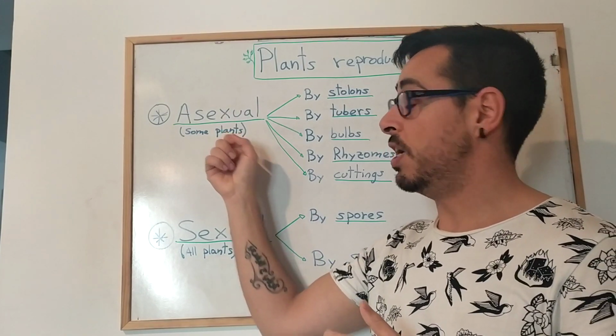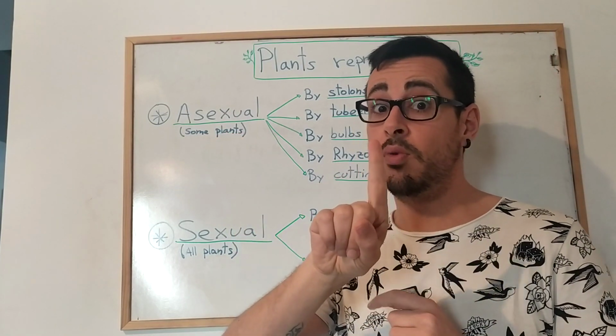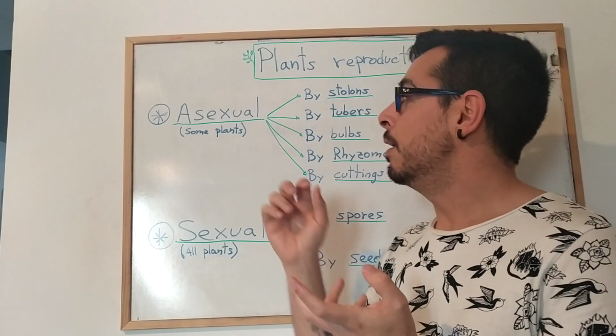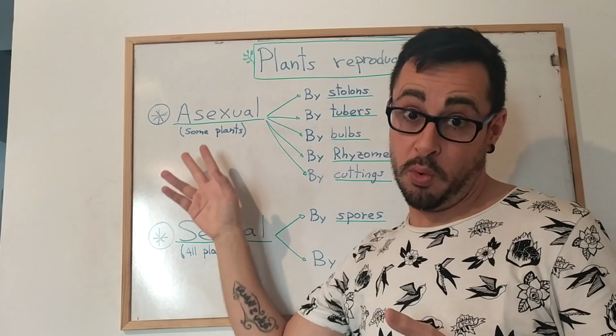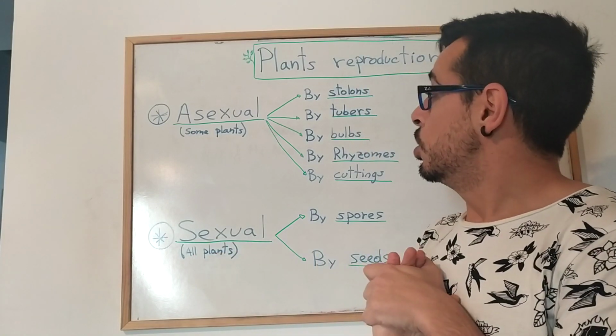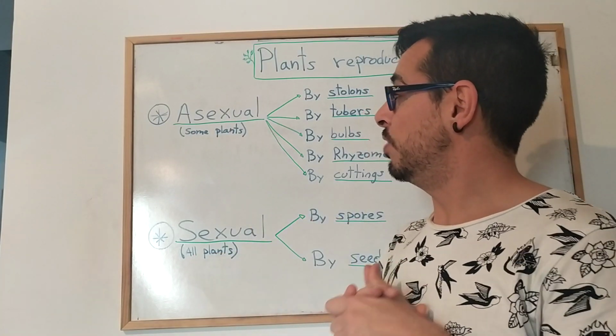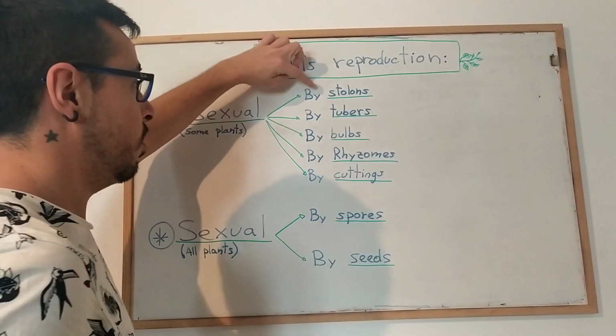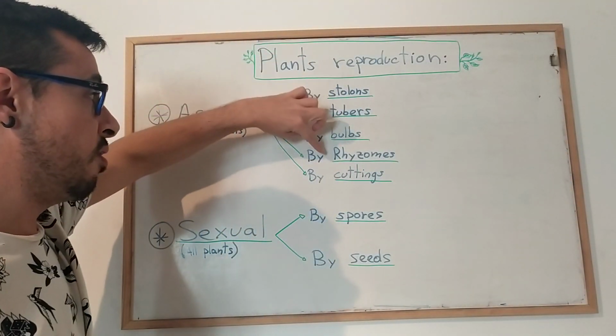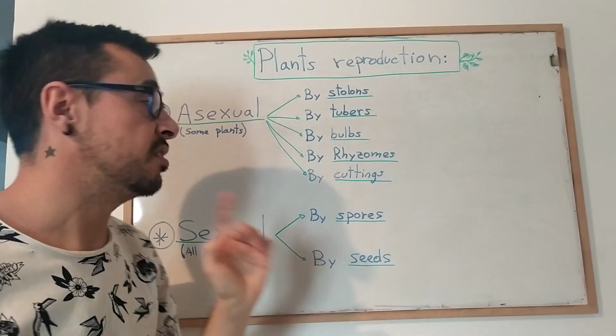In asexual reproduction, only one individual, and the new individual is going to be just the same as the first one, okay? So, asexual reproduction in plants can be performed by stolons, tubers, bulbs, rhizomes, and cuttings.